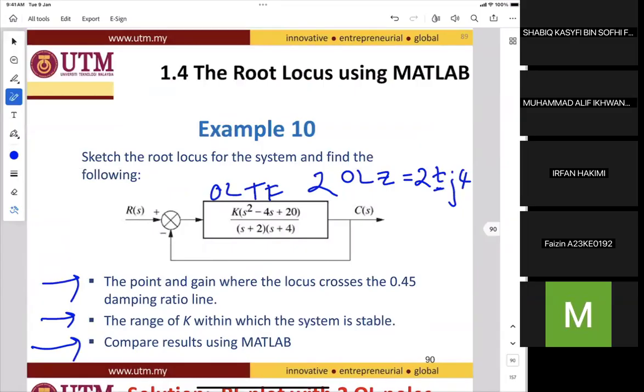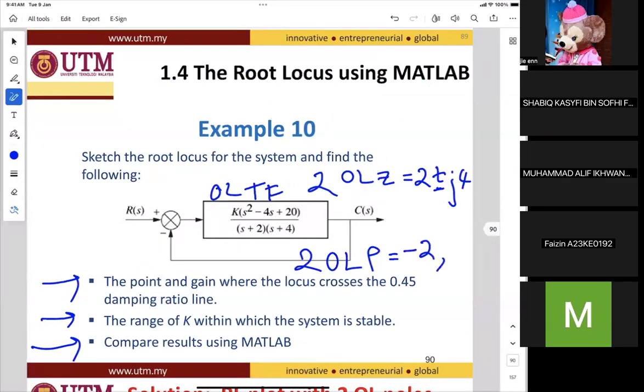Two plus minus J4. How many open loop poles? Two. Value? -2, -4.